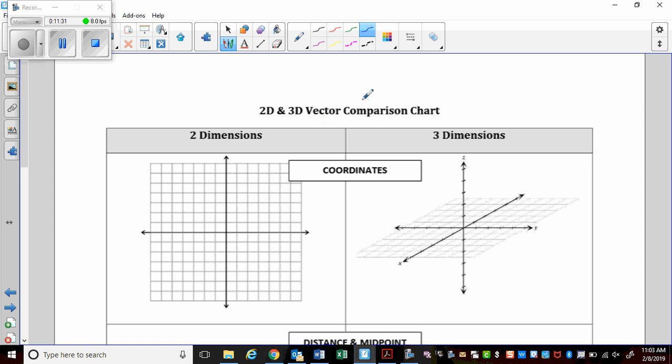So now we're going to look at how the 2D compares to the 3D and how our formulas are going to change. Usually in 2 dimensions we have an x and a y axis, and in 3 dimensions we have, let's say this is your x right here, our y, and our z. This is going to be right here, 0 is the origin still.